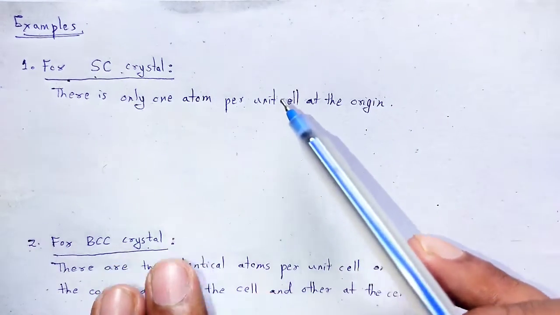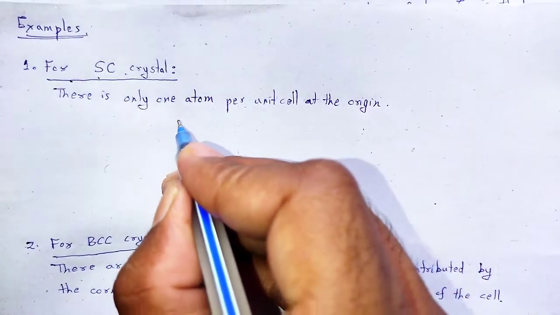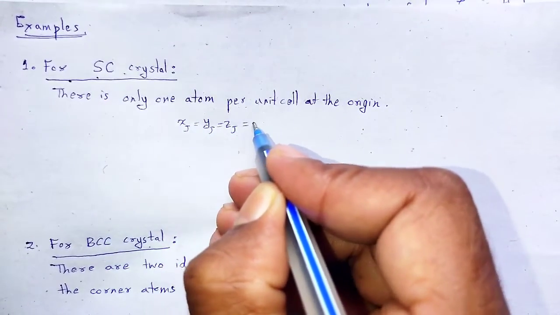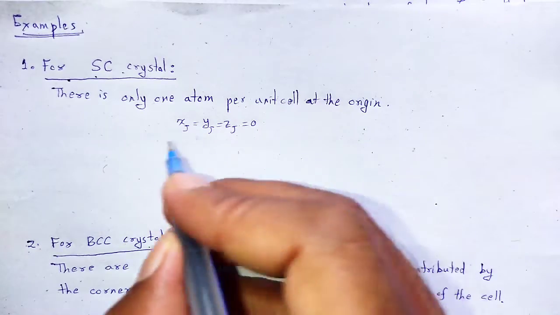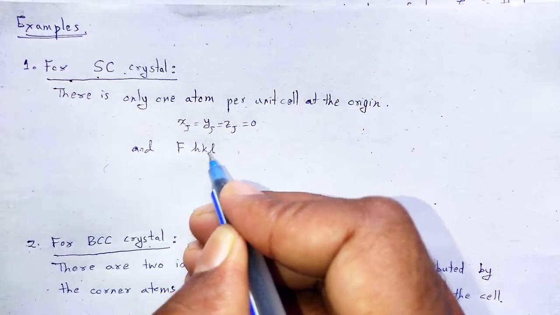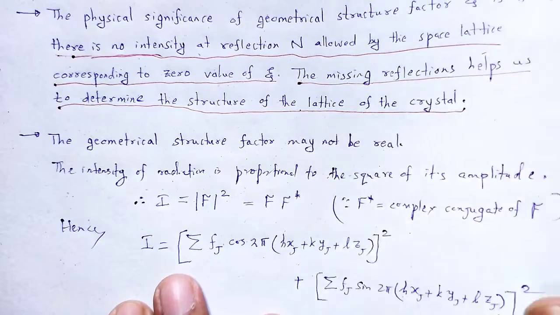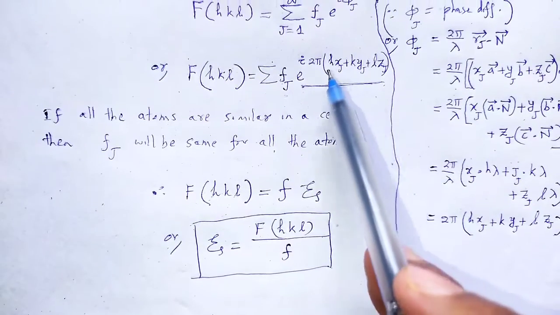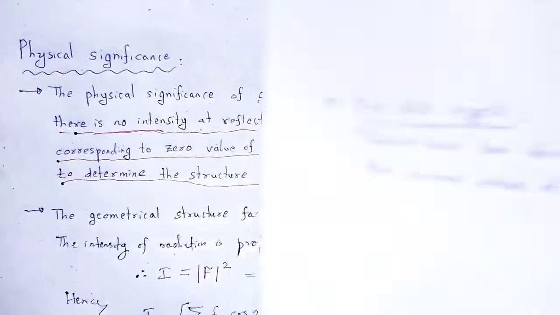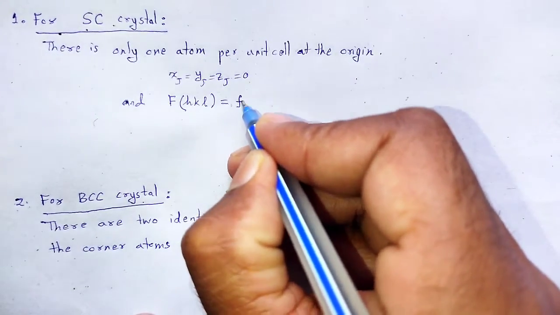there is only one atom per unit cell, present at the origin. Therefore, its coordinates xj, yj and zj are 0, and f of hkl, putting all these terms as 0, will be equal to f.